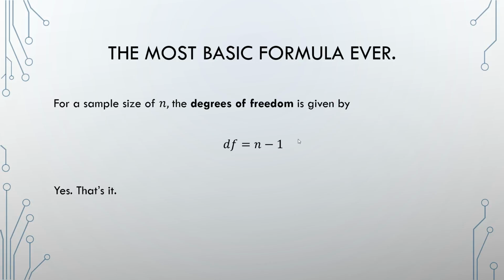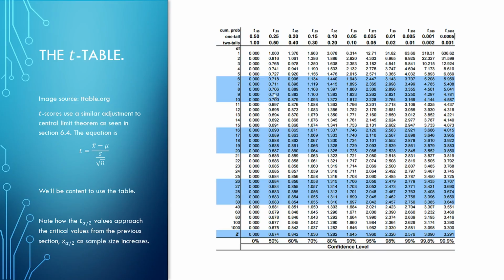It is the number of points in your sample minus 1. So if you have 11 data points in your sample, then you would have 10 degrees of freedom. If you have 101 sample points, then you would have 100 degrees of freedom. Of course, if you have like 120, then it would be technically 119 degrees of freedom, but you'd still use the 100 here, just because that's the closest you're going to get.